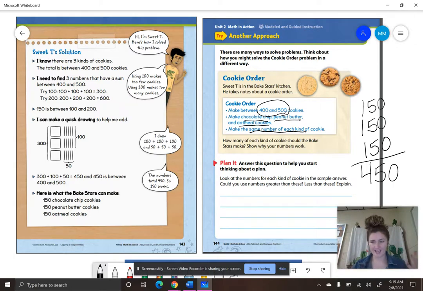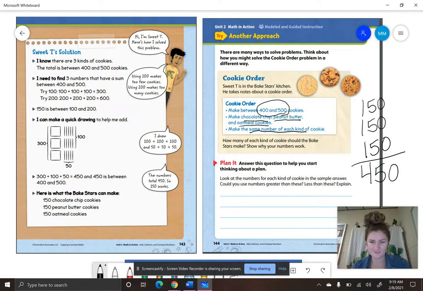So let's think, if we had more cookies for each type, more than 150, how could we have enough to where we don't go over 500? What do you think? Could I add more tens or more ones for each type to get closer to 500?